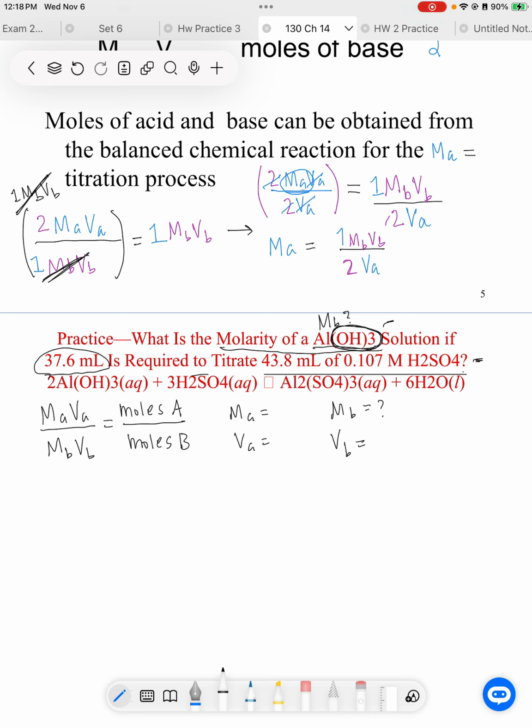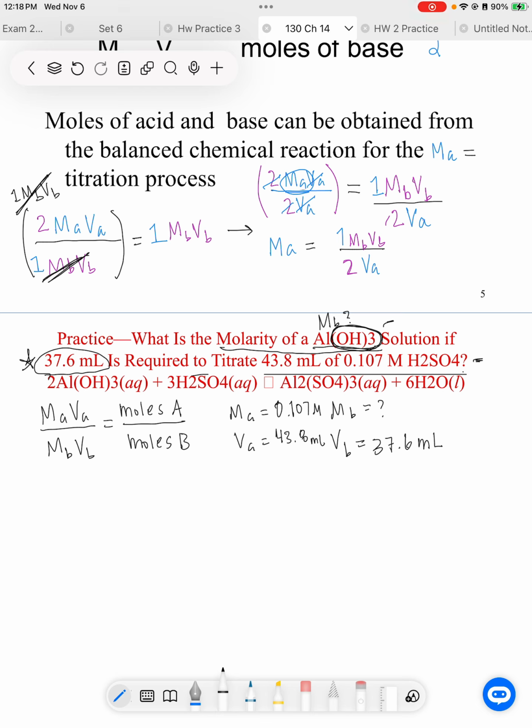So what do we know about our acid? Well, we know we have 43.8 milliliters, and we know its molarity is 0.107 moles. And we don't know our molarity of our base, but we do know how much base we have. We know its volume. Okay, so we have our variables.